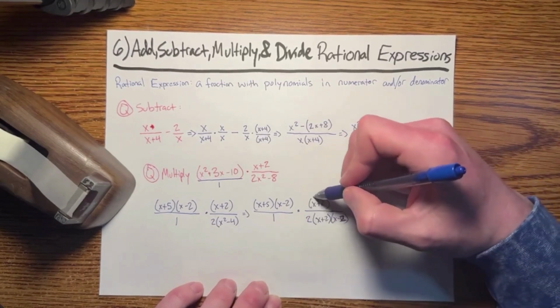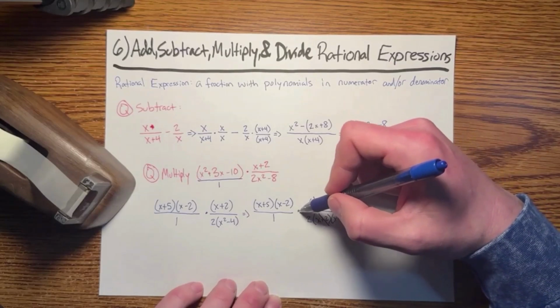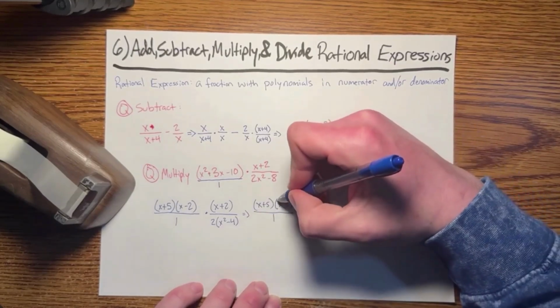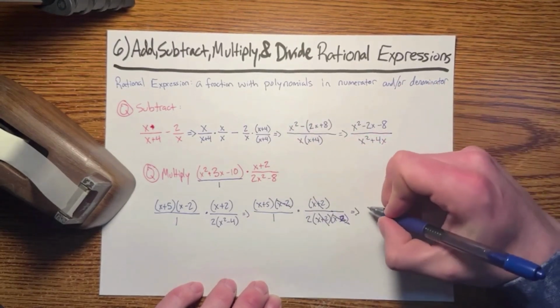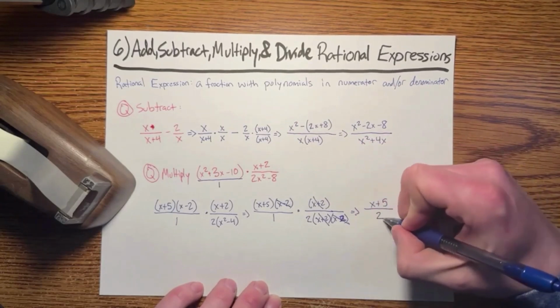Then we can see that some of these are going to cancel out, the x plus 2 and x plus 2. We're multiplying everything here so we can work all the way across. X minus 2 cancels out x minus 2, and we're simply left with x plus 5 over 2.